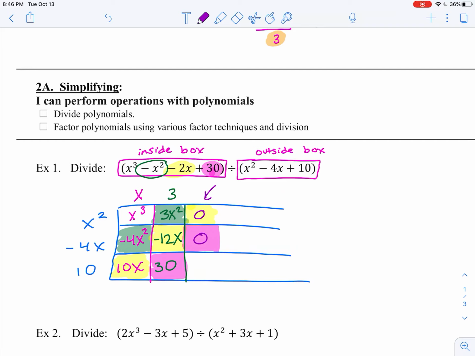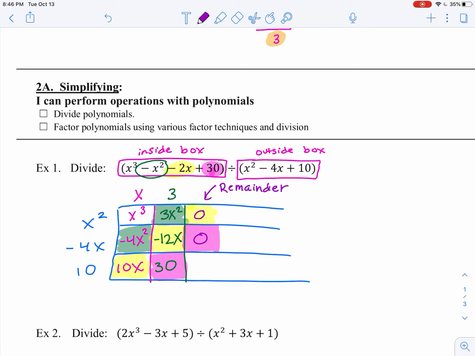So this set of boxes is actually my remainder. And here's how I know that. If I were to ask myself how many times does this x squared need to multiply in to get a 0, that doesn't really make any sense, right? I've already kind of used all the types of terms here.